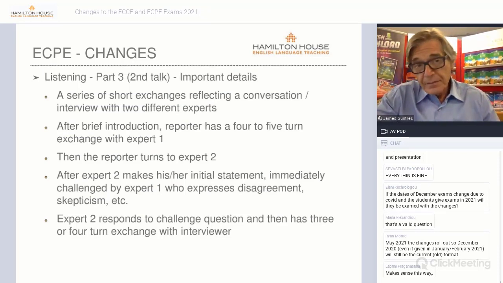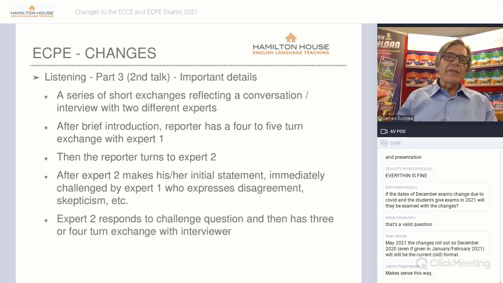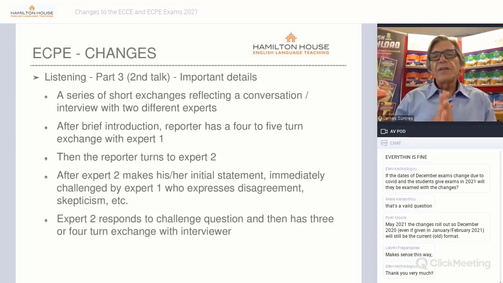Part 3 now, the second talk, some important details. Part 3 of the listening, the first presentation has not changed. It continues to be a radio presentation. The format continues to be six steps. First step, the announcer introduces the topic of the program.